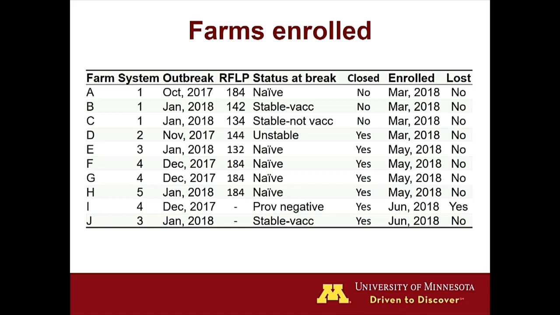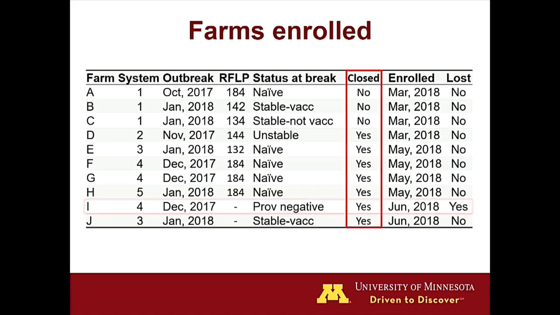We have 5 farms that when they broke, they were in naive status, and some others that were stable and vaccinating, or others that were stable and not vaccinated. Some farms also were closed, and some others were open and entering gilts normally.